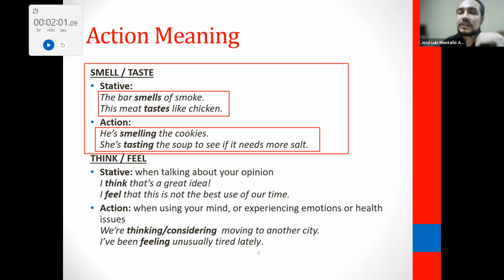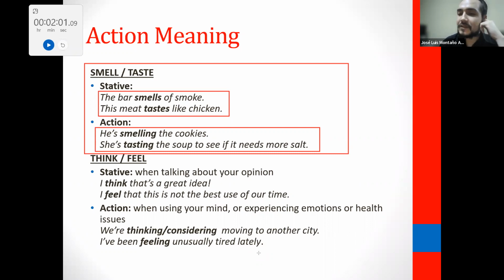And an object cannot do an action. You only use ing when you use your senses. I'm smelling, you are smelling. You are using your nose to smell, and that's an action. When you smell something, you do it, and you can see that.